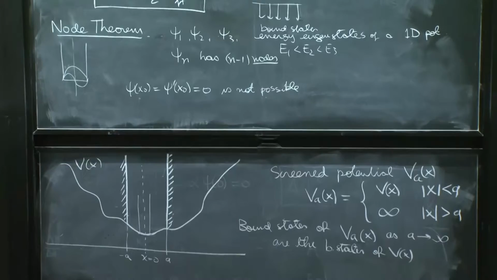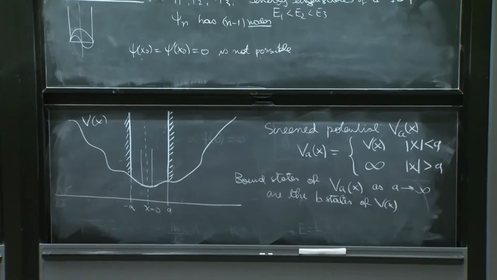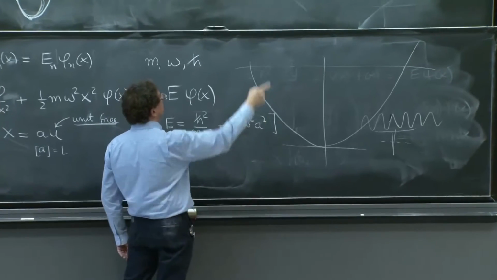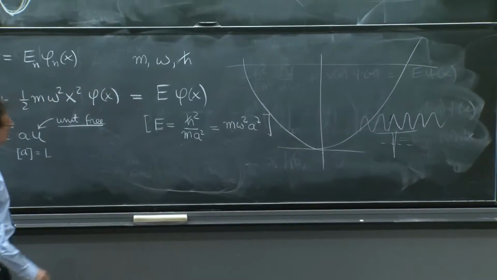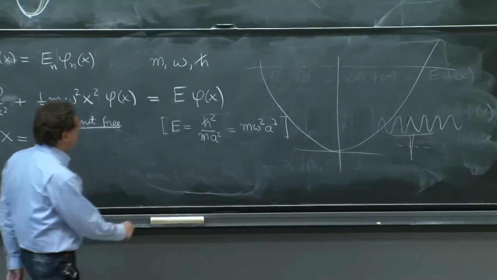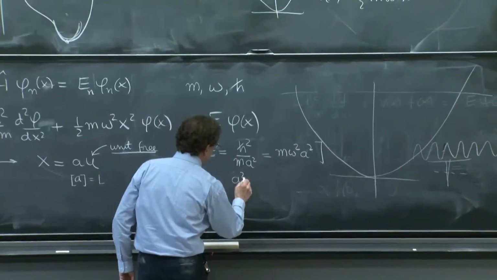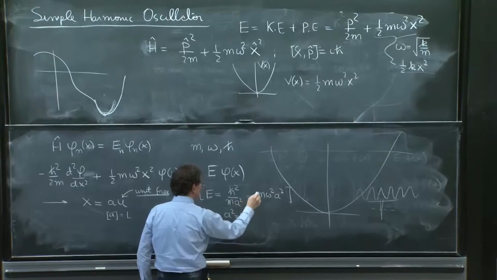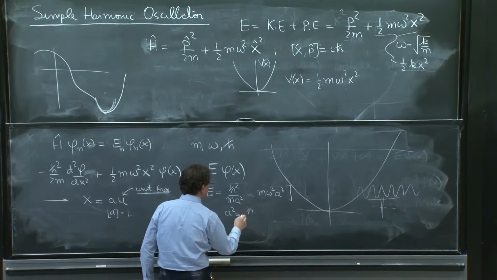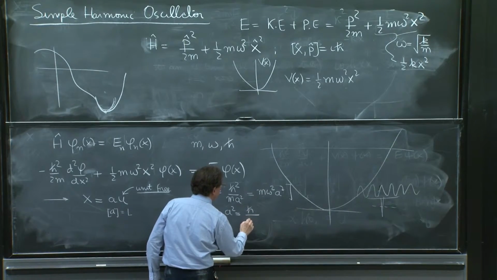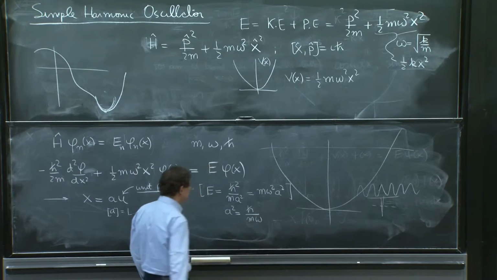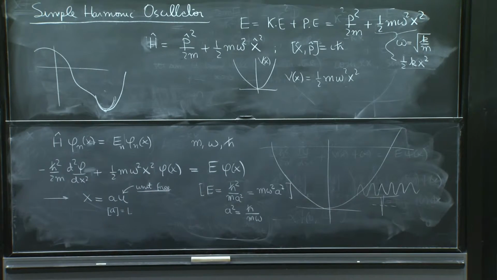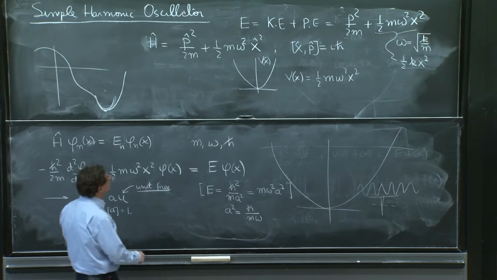These are equations for units. The units of energy are this, and the units of energy from the second term in the Hamiltonian are those, from where you get that a squared is equal to h bar over m omega. So that's the constant that you need.